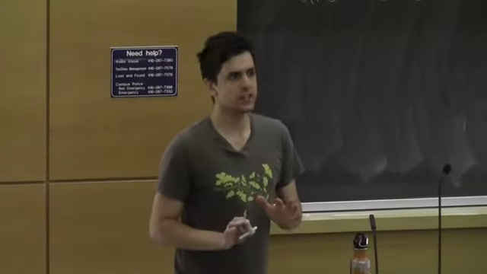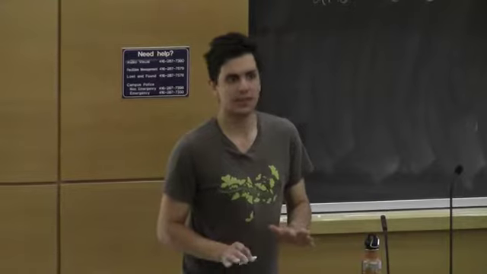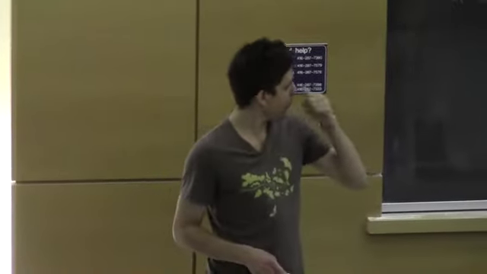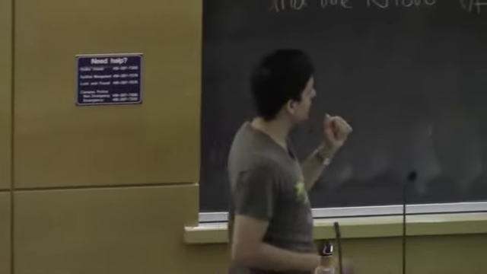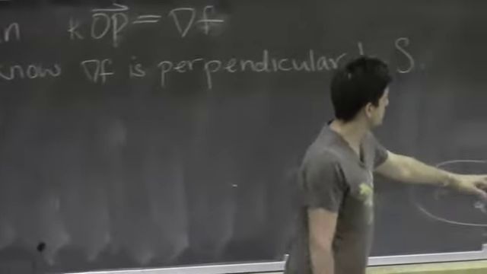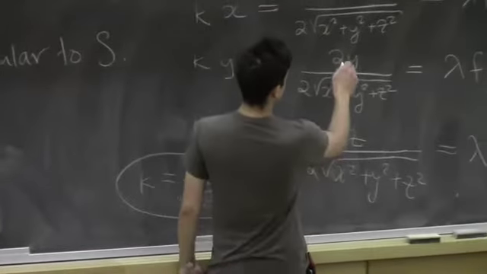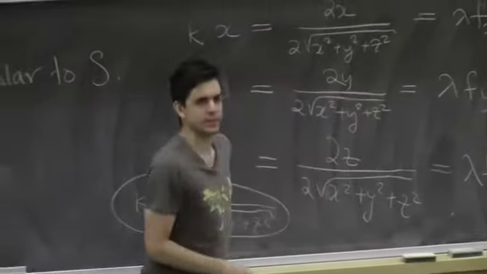Questions about any of the reasoning there or the thoughts there? Yes? For kx equals, is that 2x or dx? Derivative or 2x? Yeah, these are 2's. And I didn't cancel them just so that they kind of look consistent.